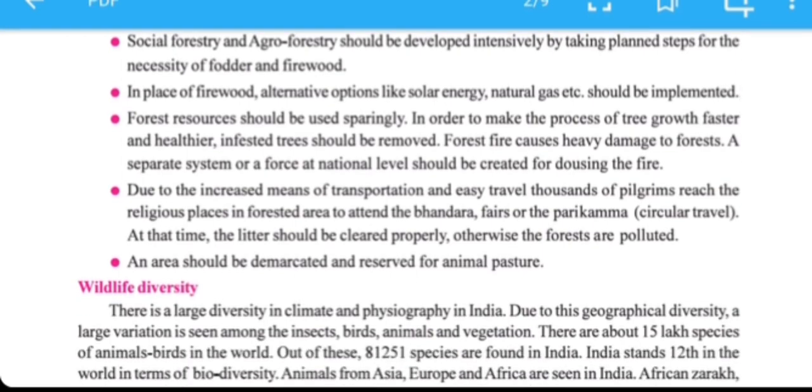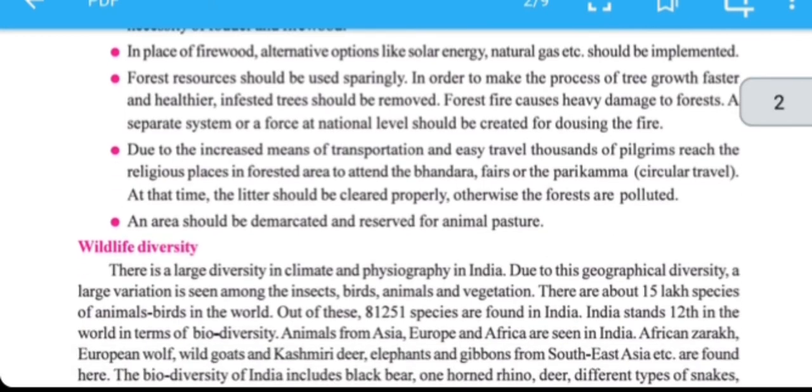Next, in place of firewood, options like solar energy and natural gas should be used for cooking. Next, to make tree growth faster and healthier, infected trees should be removed, otherwise the infection will spread to other trees. Next, forest fire should be controlled by proper fire extinguishers.